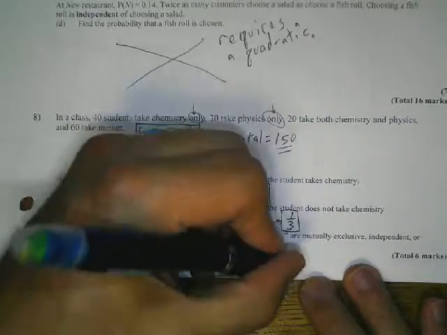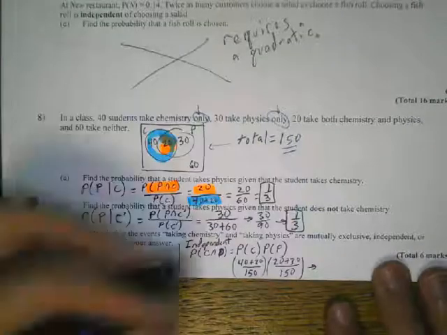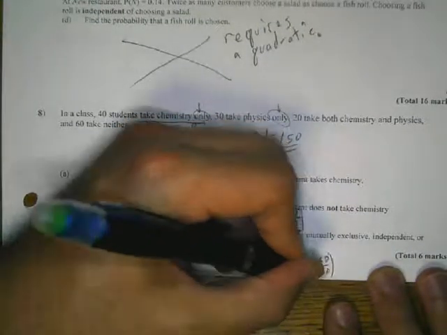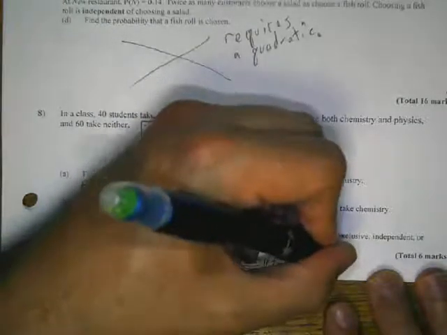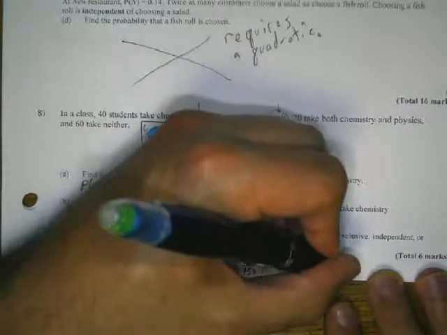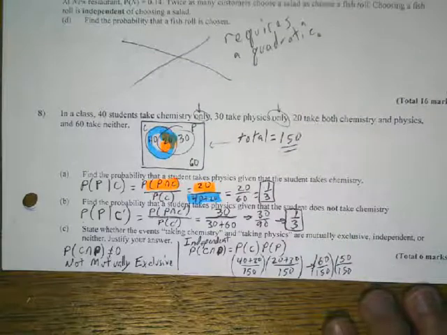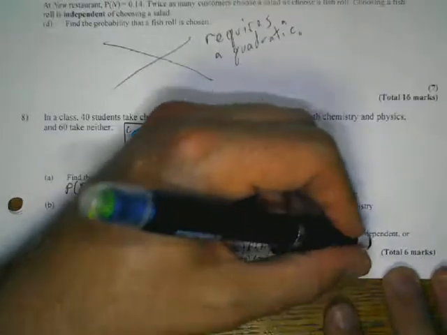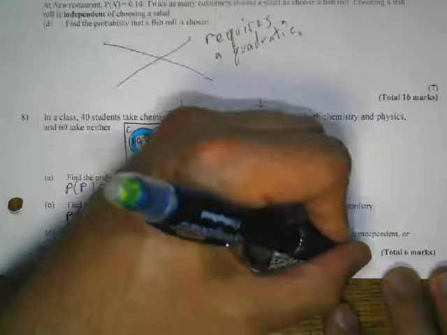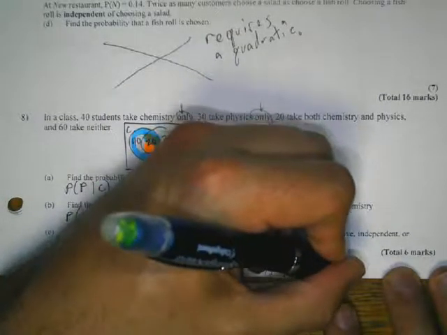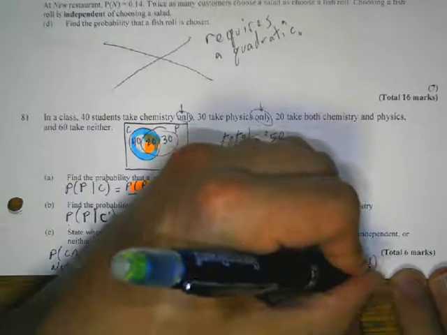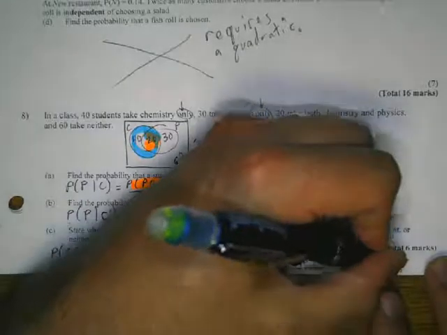And so that gives me 60 over 150 times 50 over 150, which simplifies to 2/5 times 1/3, which equals 2 over 15.